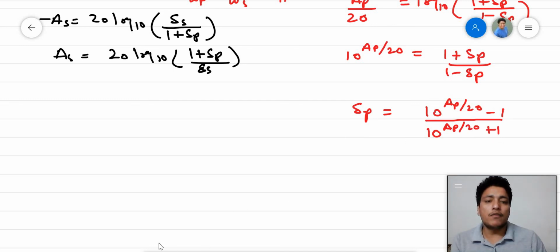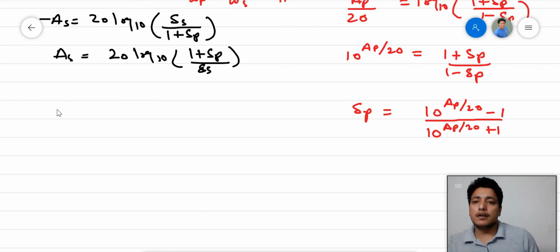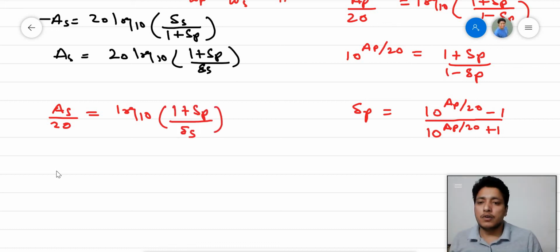This we have found for delta P in the pass band. A similar approach we can apply. AS by 20 will be equal to log base 10 of 1 plus delta P over delta S.